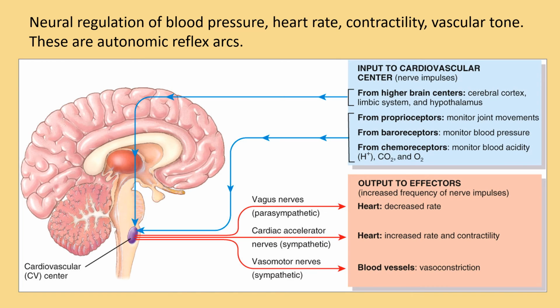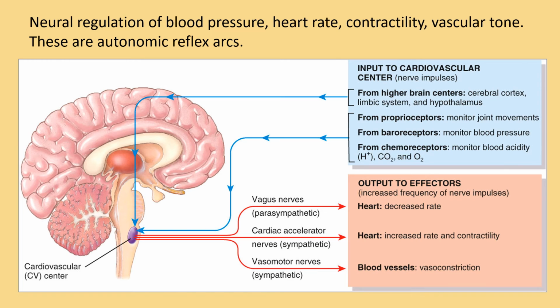And we talked about the baroreceptors, and then there are also chemoreceptors, chemically sensitive cells in those carotid bodies as well as in your brain that are monitoring various aspects of your blood chemistry. What's your blood pH? How much carbon dioxide is in your blood? How much oxygen is in your blood? And so those are important inputs into your cardiovascular center.